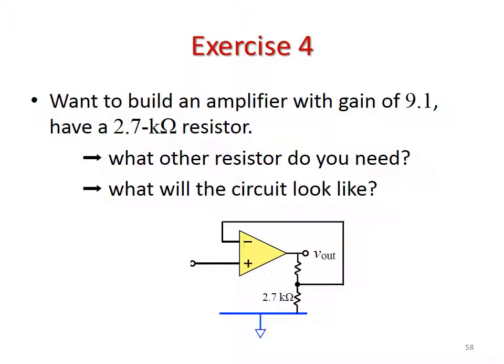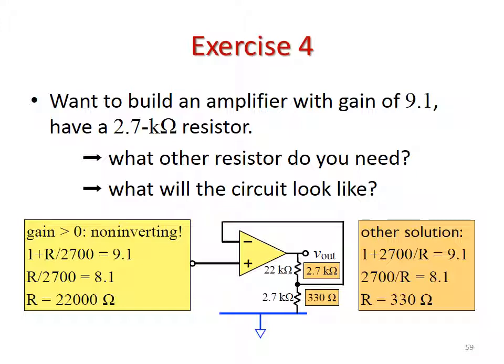So pause now. Unpause. If we look at our gain of 9.1, we're going to be able to back solve to get a resistor value of 22,000 ohms. And alternatively, we could get another solution, which is 330 ohms, depending.